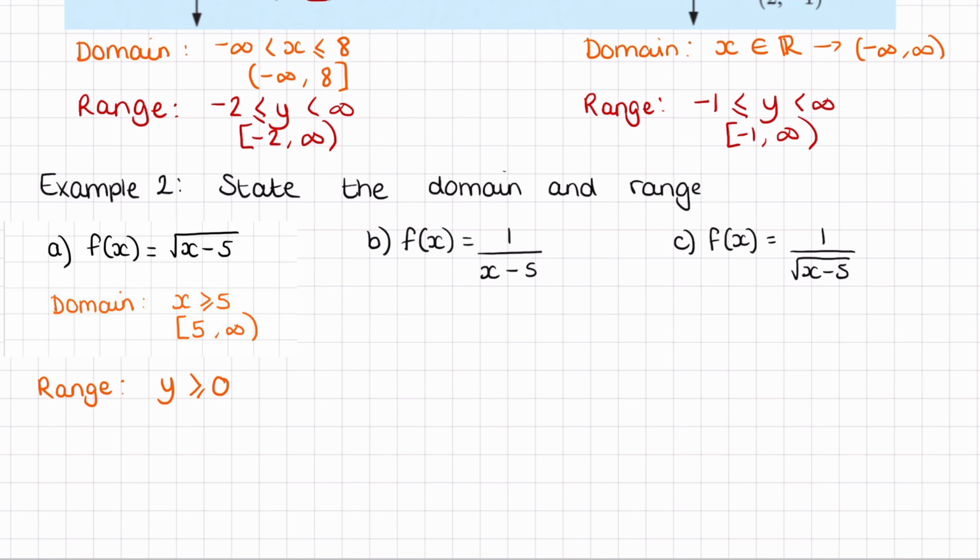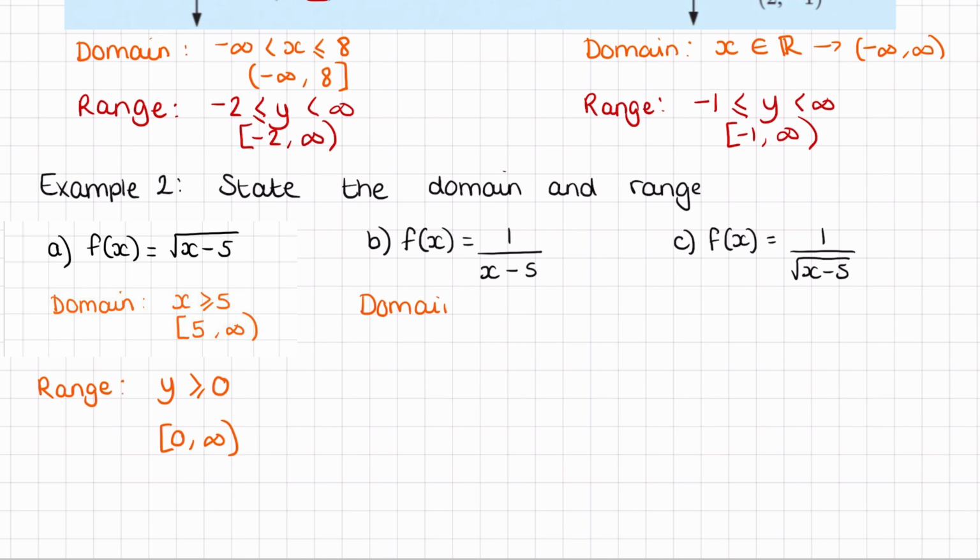Remember, it can't be negative when we square root an answer. And also with the range of this one, we don't include the negatives because it is a function. And in a function with a square root, the answers can only be positive because otherwise it will fail the vertical line test.